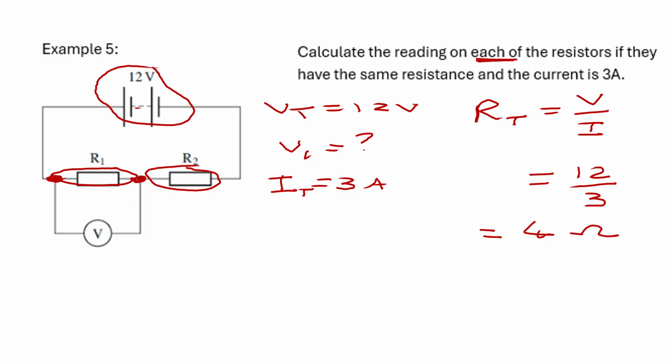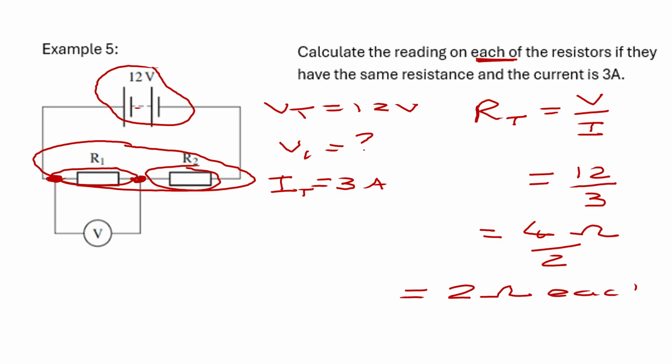So we know that the total resistance is 4 ohms, but there are 2 resistors here. Because the resistors are in series, we can just add the 2 resistors together to get the total. So with this 4, all we have to do is divide by 2, and we know that the answer is 2 ohms each. So each of those resistors is going to get 2 ohms. It's a pretty simple idea, but it's just working backwards.